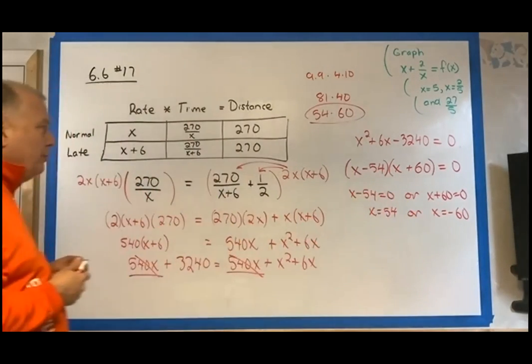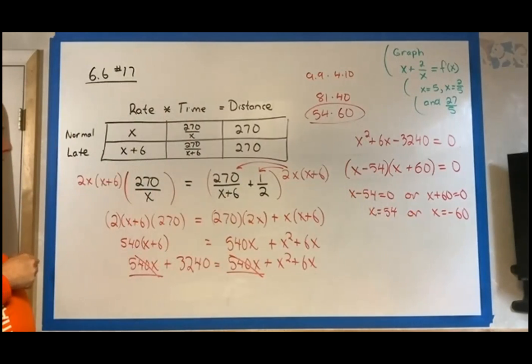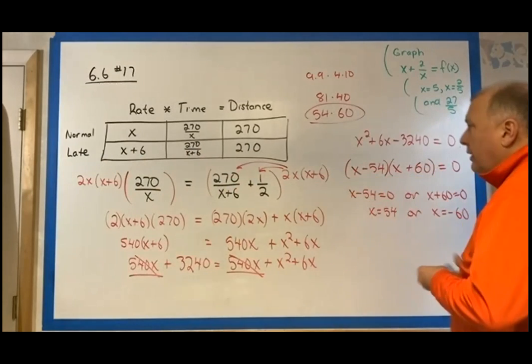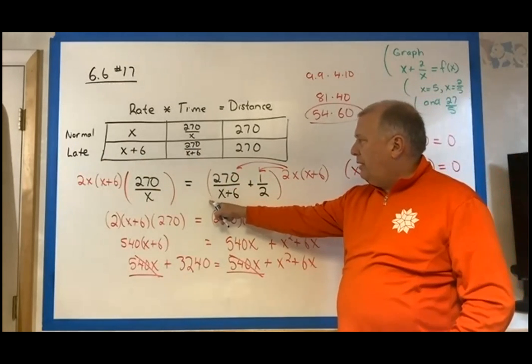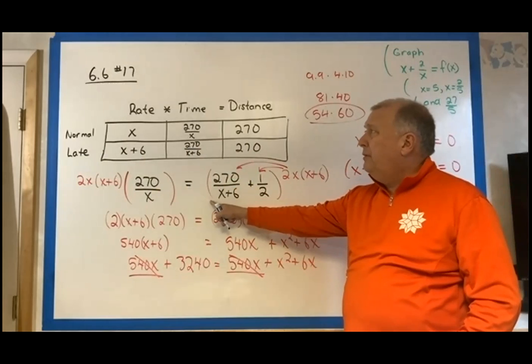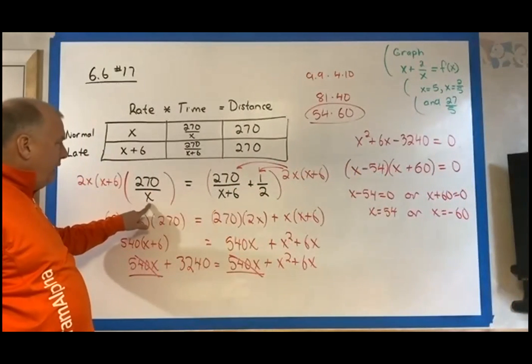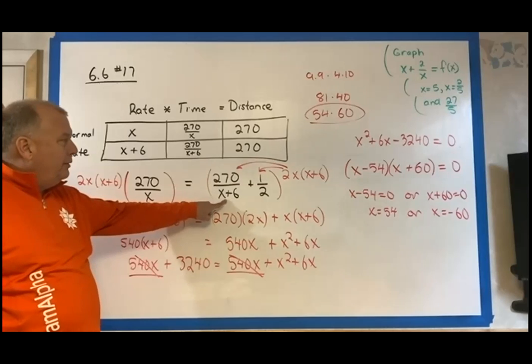Okay, now let's think about this. I did not, at the beginning, I broke my own rule, right? I said at the very beginning, I should always make a note of what was forbidden. So what's forbidden is x equals 0 and x equals minus 6.